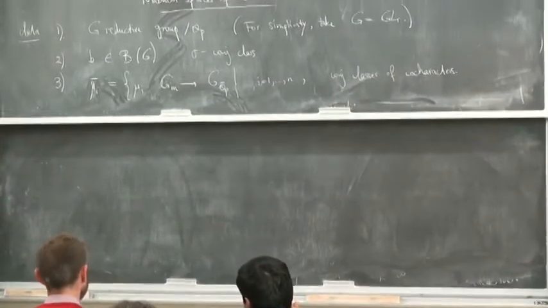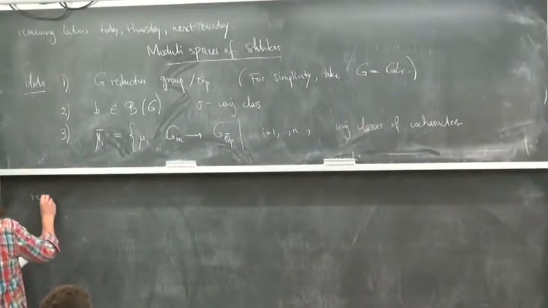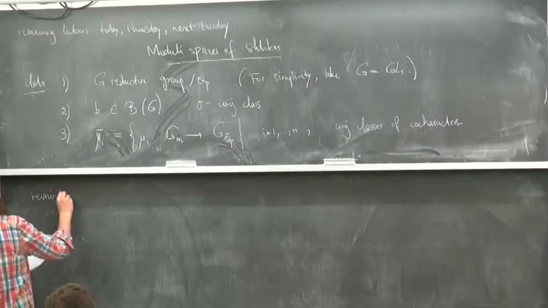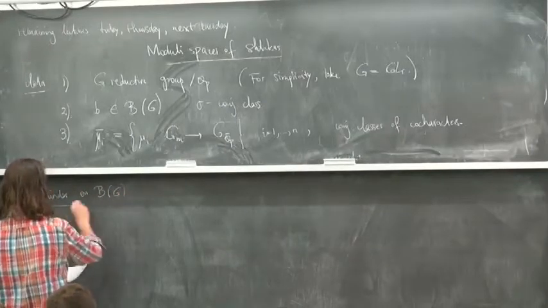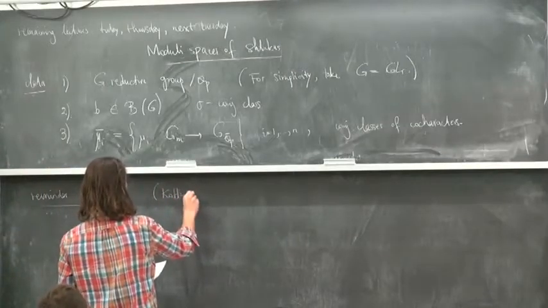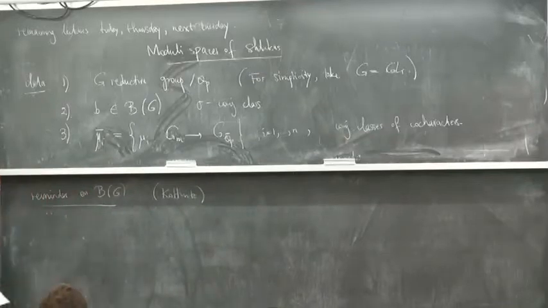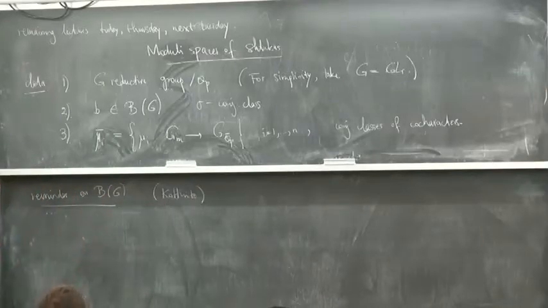Okay, so let me start with a reminder on the set B of G. That stuff is due to Kottwitz, and I'm describing here the local theory, but Kottwitz has actually, I think earlier this year, put up a very interesting preprint on arXiv where he defines B of G for any local or global field.